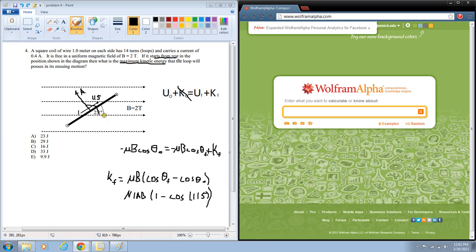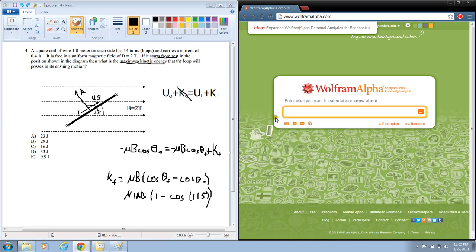And we want this A vector to be parallel to this B vector in order to maximize the kinetic energy. So, cosine of 0 equals 1 minus cosine of this initial 115 degrees.